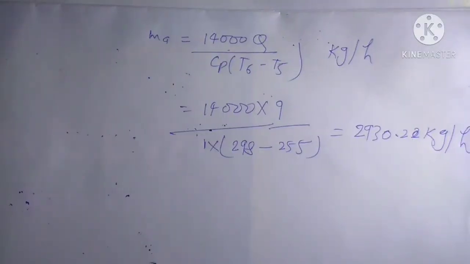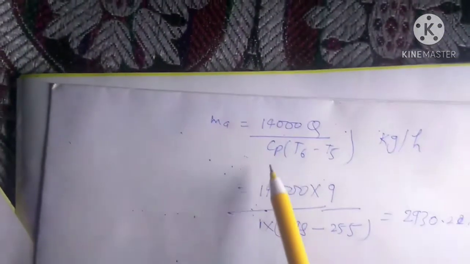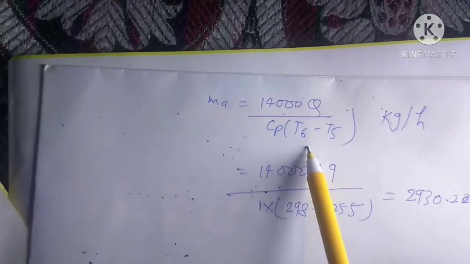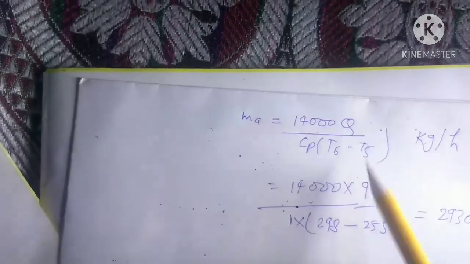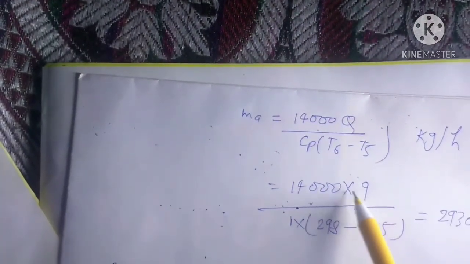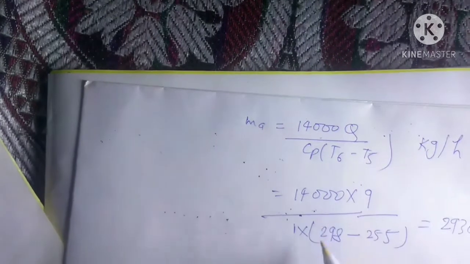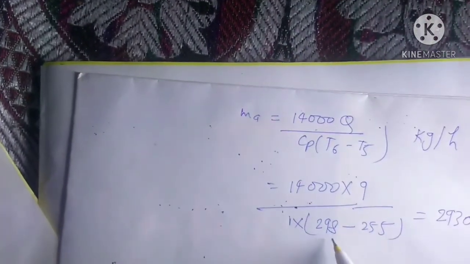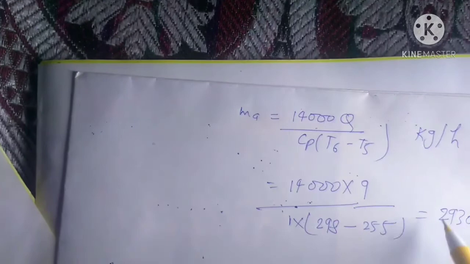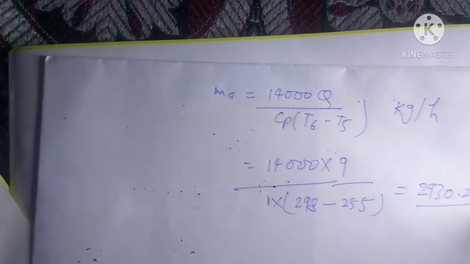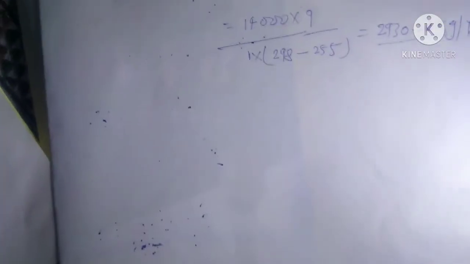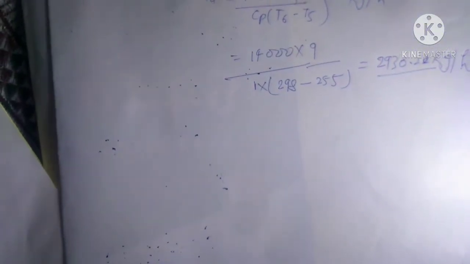So 14,000 multiplied by 9 divided by Cp equal to 1, and T6 298 minus T5 255. After calculation you find 2930.2 kg per hour.